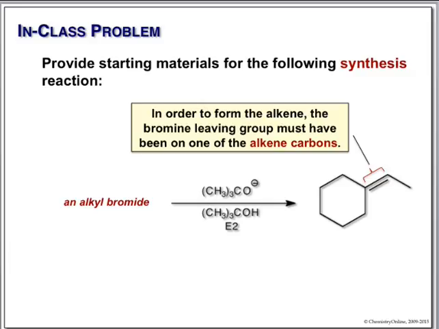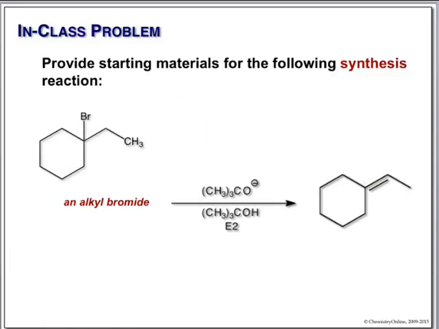The logic, once again, is simple. Halogen was attached to one of the alkene carbons. All you have to do is get rid of your double bond and make your two possible alkyl bromides. Our first one would look like this.